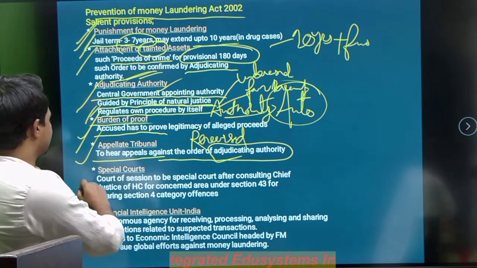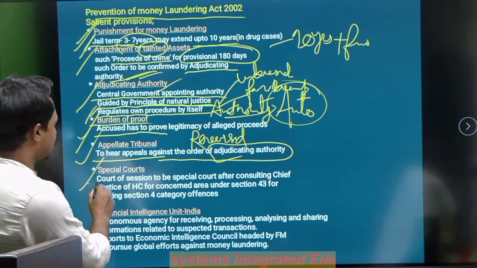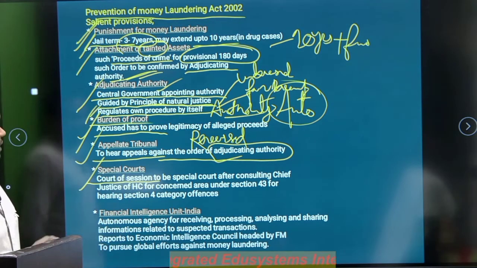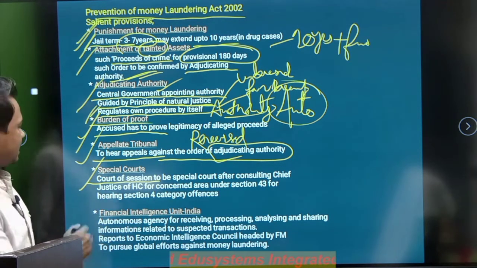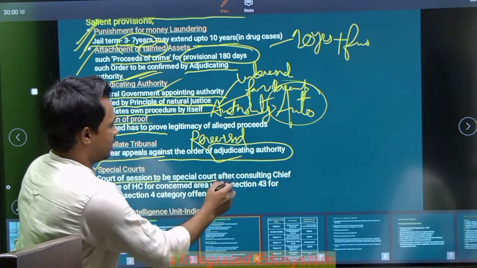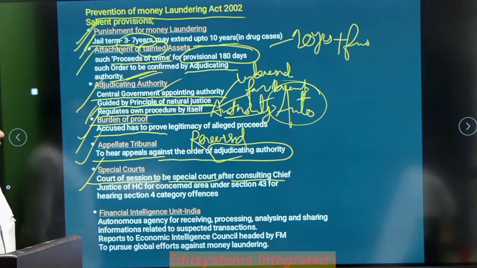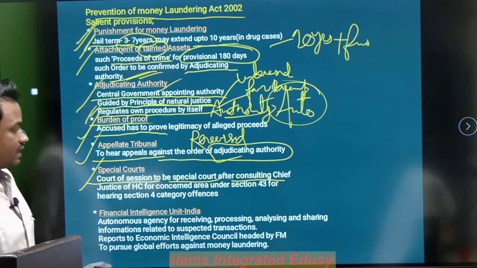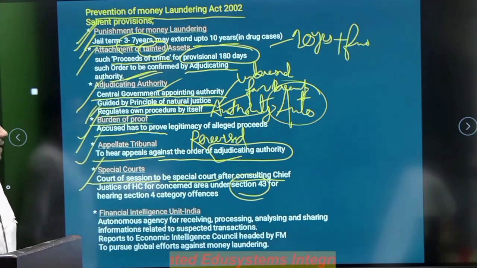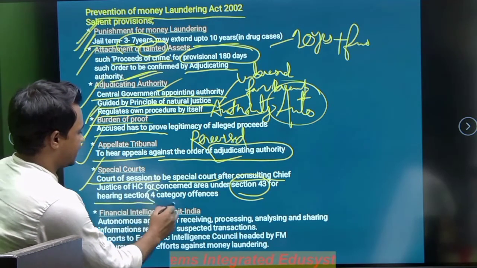And the next is the special court. A special court means a court of session, or session court at the district level, also known as a criminal court. That court of session is made a special court after consulting the Chief Justice of the concerned High Court under section 43 of the Prevention of Money Laundering Act, for hearing section 4 category of offences.